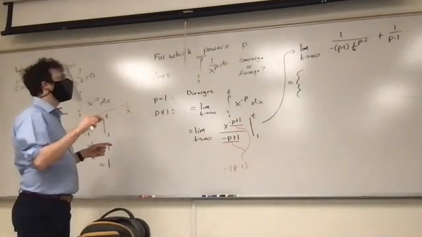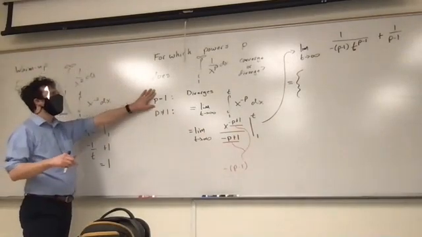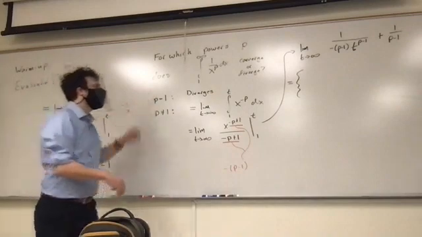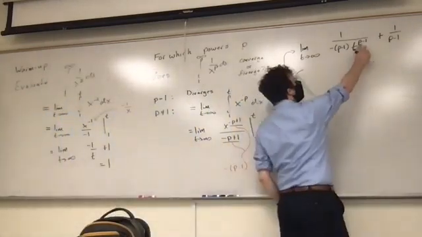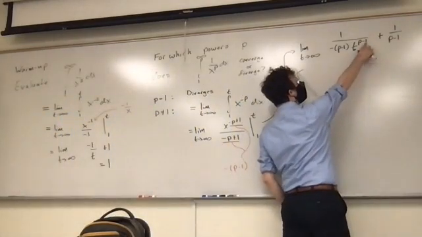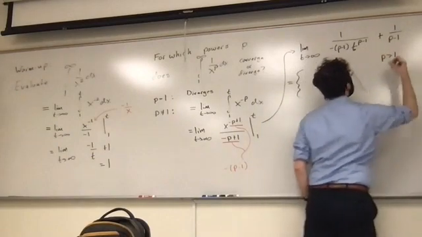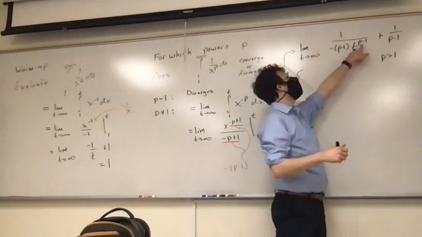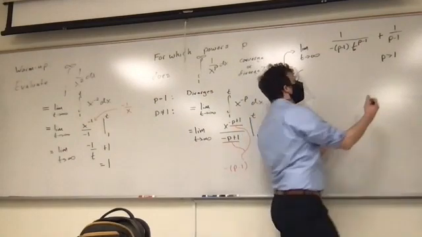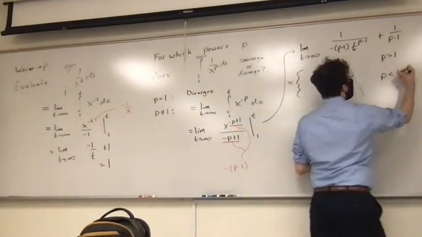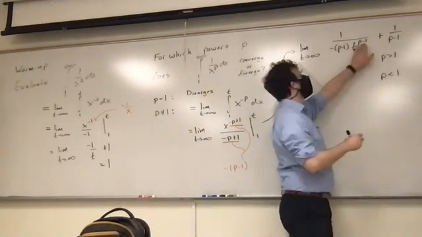It's never going to be 0 because we said p equals 1 is its own separate thing. But depending on if this is positive or negative, that really comes down to is p greater than 1, in which case we have a positive exponent down here, or is p less than 1, in which case we have a negative exponent down here.